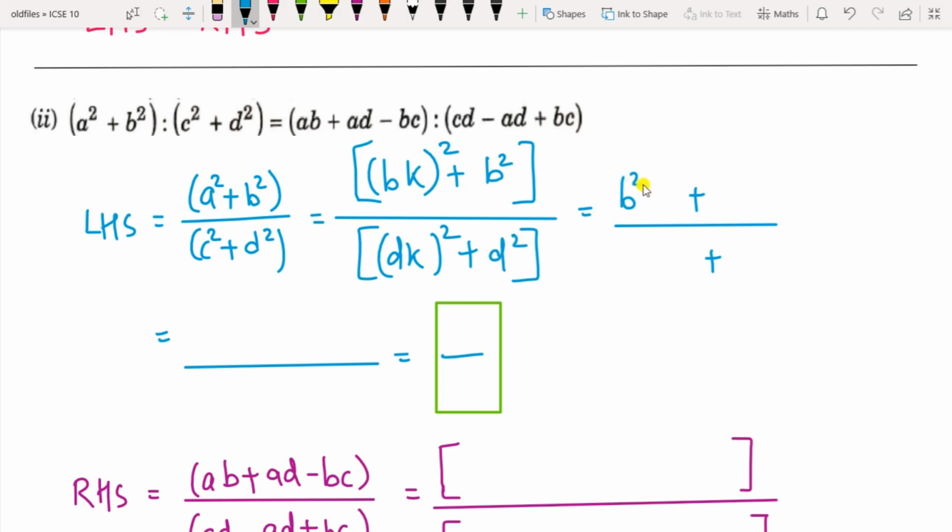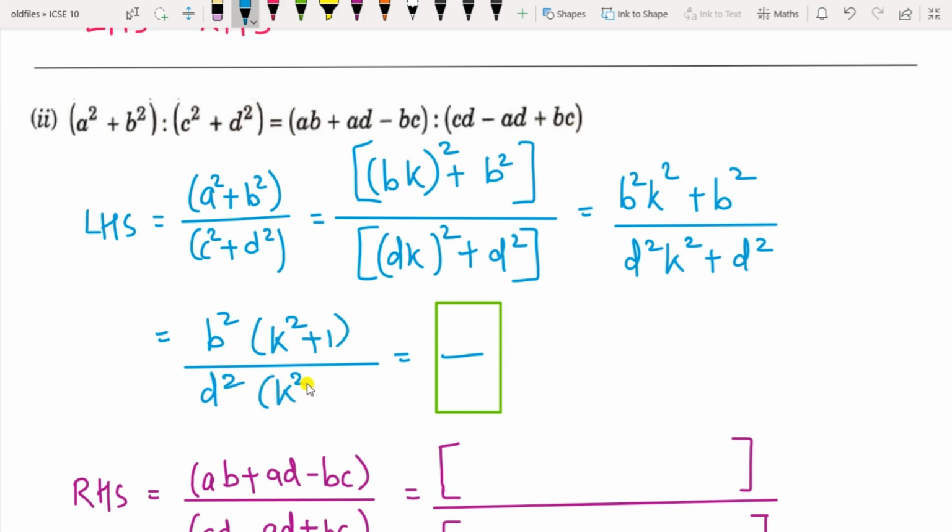So this will be b square k square plus b square upon d square k square plus d square. Take b square common, bracket will be k square plus 1, and in the denominator it will be d square as common, and bracket will be k square plus 1. So the bracket gets cancelled here. The value is b square upon d square.